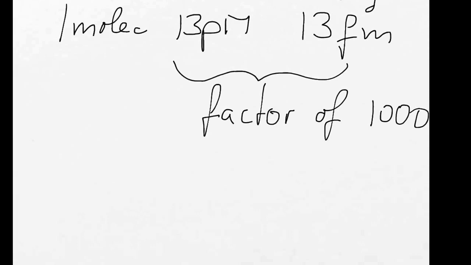What are the implications for that? Imagine DNA, and you need a protein that binds to the DNA. In a prokaryote, the concentration of the DNA is 13 picomolar. But in a eukaryote, the DNA is 1,000 times more diluted.